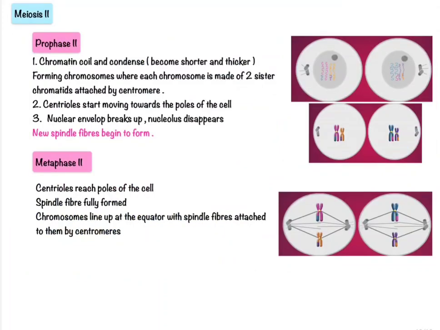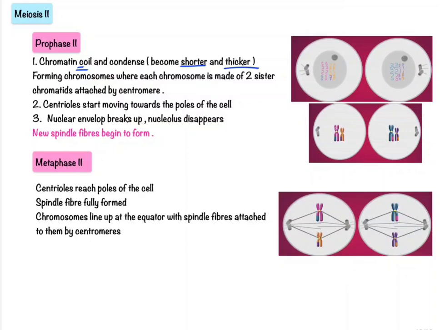Now let us talk more about meiosis II. Even though it's quite similar to mitosis itself, we have to also give it more attention. For meiosis II, we have prophase II, metaphase II, anaphase II, everything is 2. Again, the chromatin coils or folds and condenses, becomes shorter and thicker.